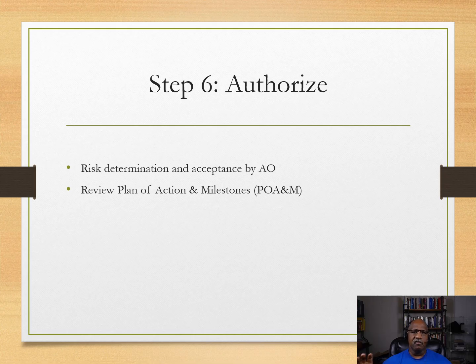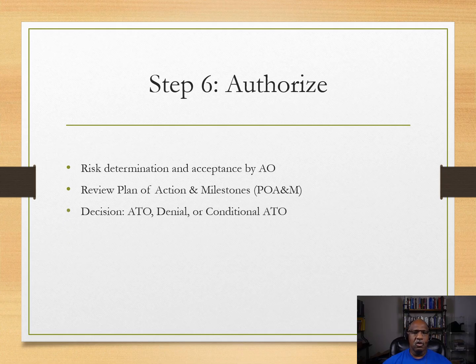If security controls fail, then the reason behind the failure, the weakness associated with that failure, what steps you're going to take in order to remediate the failure, and the timelines for remediating those failures, all of that information is going to be contained in the plan of action and milestones.